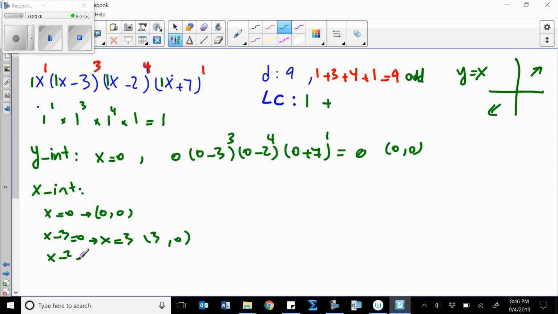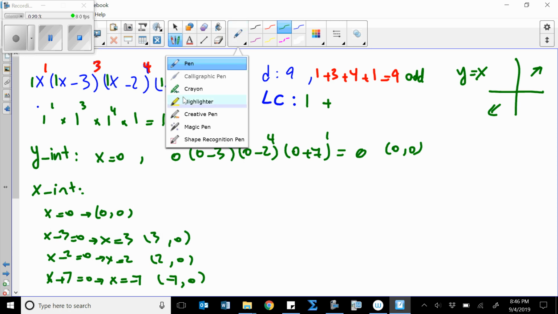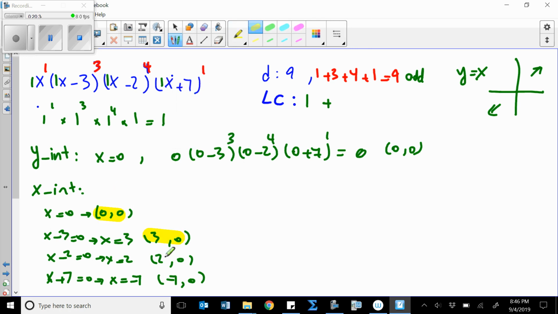Then x minus 2 equal to 0, x is equal to 2, and (2, 0) is my x-intercept. Then x plus 7 equal to 0, then x equal to negative 7. So I'm going to write (negative 7, 0) as my x-intercept. So all these are my x-intercepts. This is my y-intercept, and this is my end behavior.